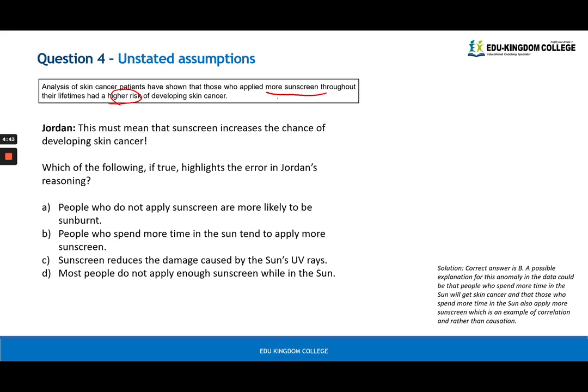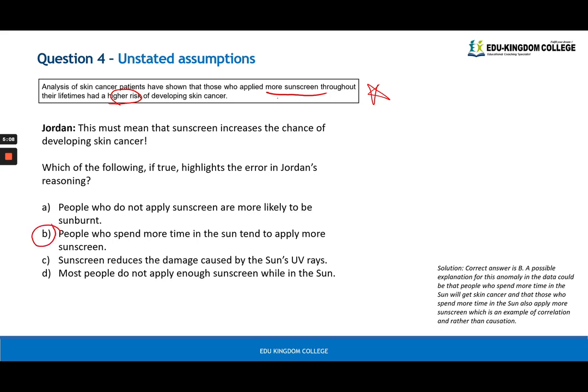There must be another explanation. Just because we saw that more sunscreen application equals a higher risk doesn't mean that the sunscreen caused the risk to increase. There might be another factor at play.